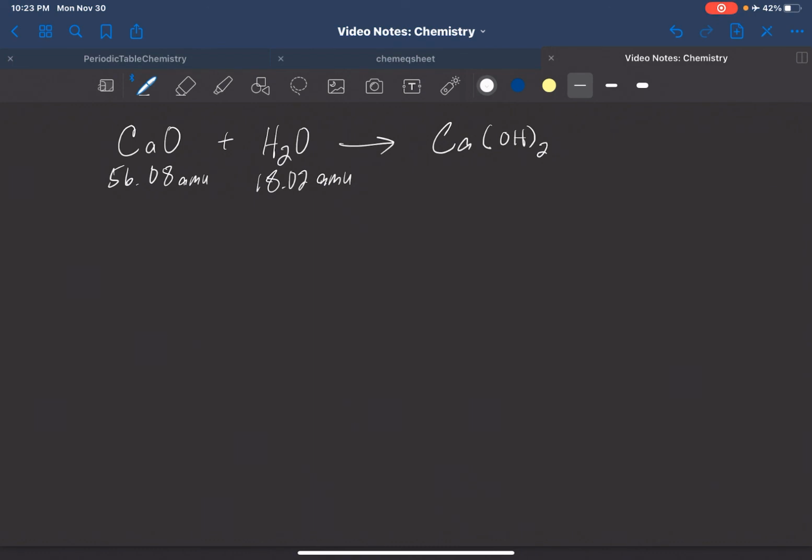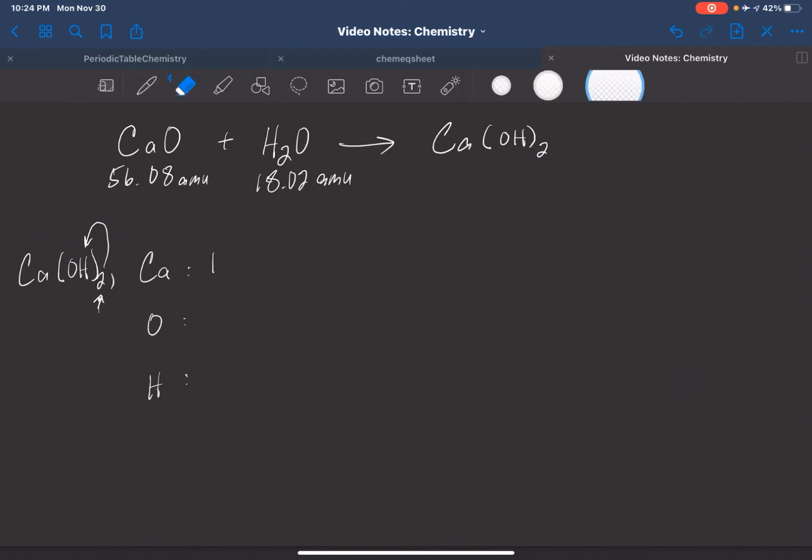So now calcium hydroxide. We list out, we've got our calcium, we've got our oxygen, and we've got our hydrogen. So there's one calcium. That 2 right there means, like a distributive property, 2 times everything that's in there, right? So that means we have 2 oxygens and we have 2 hydrogens.